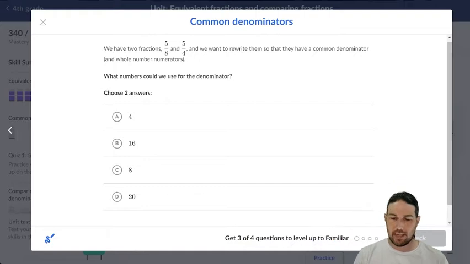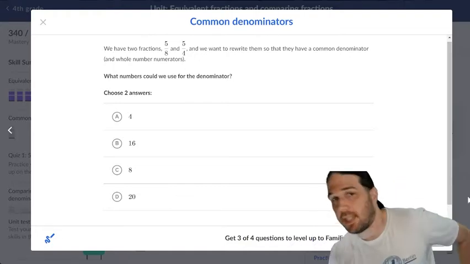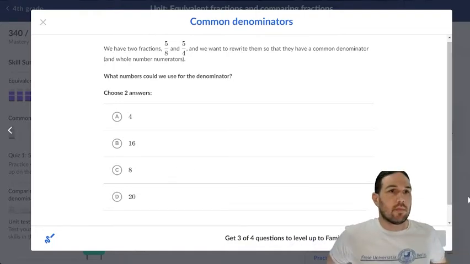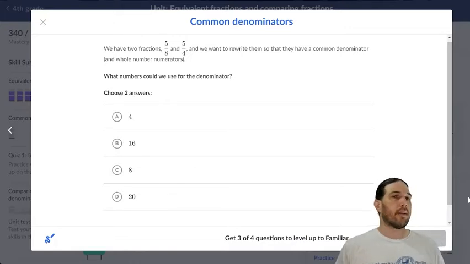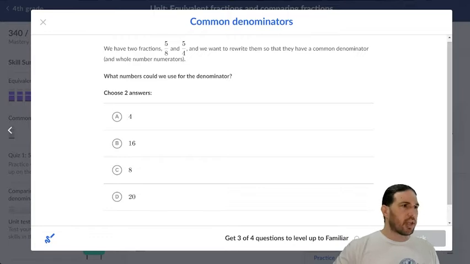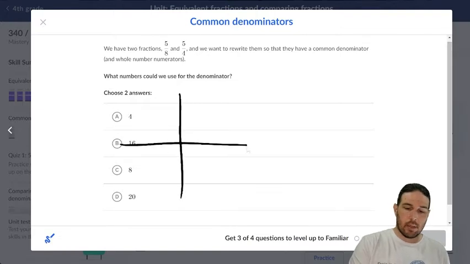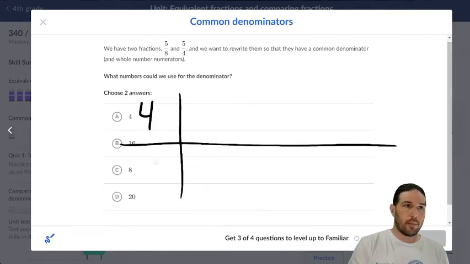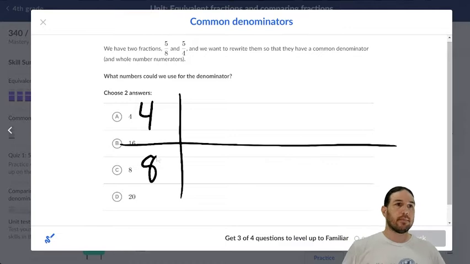I'm gonna erase all of that, readjust my seat. So let's just go ahead and start by listing out multiples here. So we've got 4 and we've got 8. I'm just going to start listing out multiples until we get more than any of these numbers.